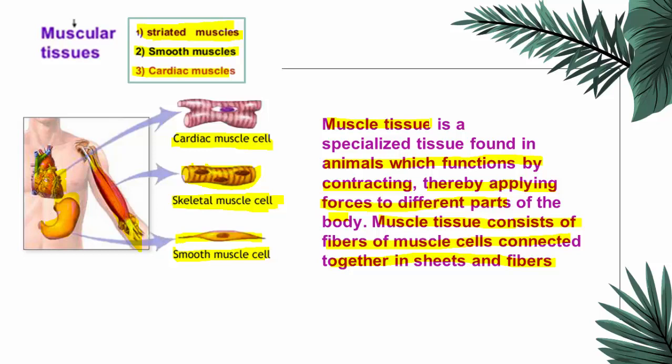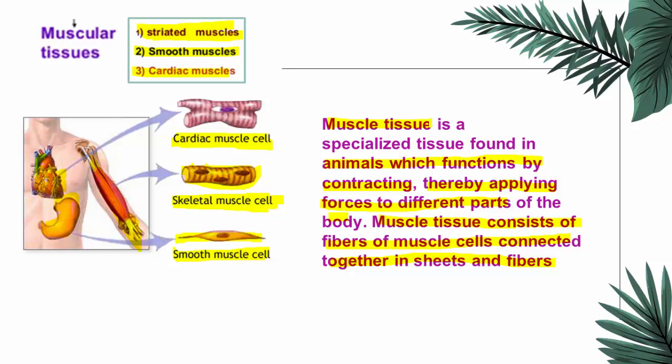So contraction and expansion are two important properties which can be observed in every muscle cell. All the muscle cells have the property of contraction and expansion. When they contract, the force is applied to different parts to execute any specific function.